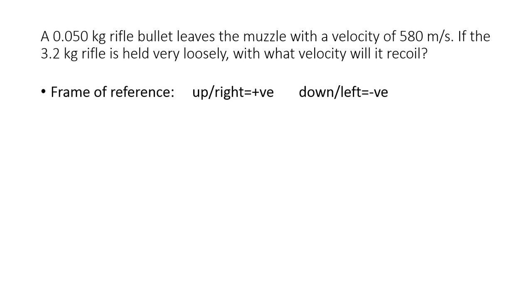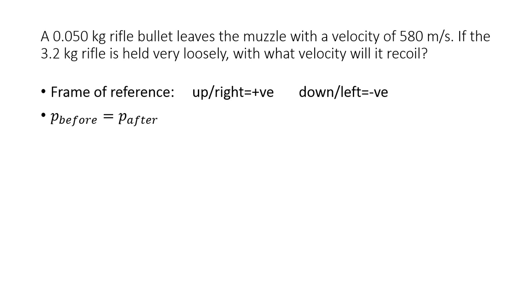Alright, so we set up our frame of reference, and then we say the law of conservation of momentum tells me that the momentum of the system before and after must be the same. So in this case, just imagine the bullet sitting in the gun, stationary, and the guy shooting the gun is aiming at his target. Before he pulls that trigger, the momentum of the bullet and the gun is essentially zero, right? The gun isn't moving, the bullet isn't moving, it's zero.